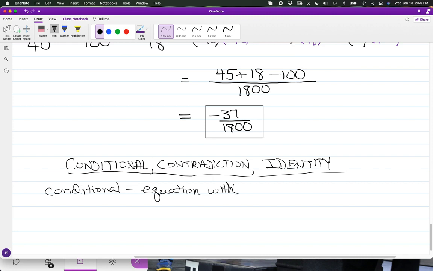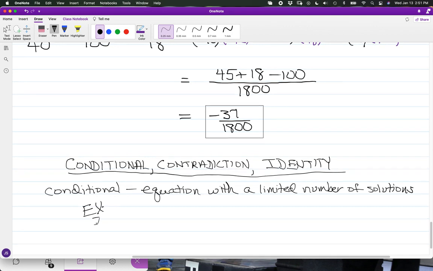It could be one solution, two solutions, but as long as you have a finite number of solutions.